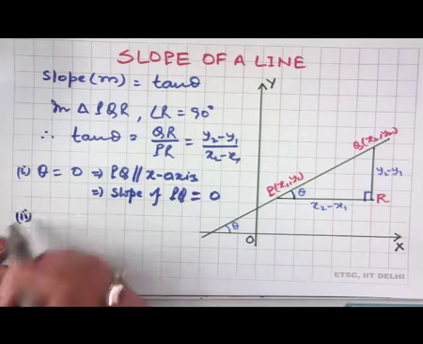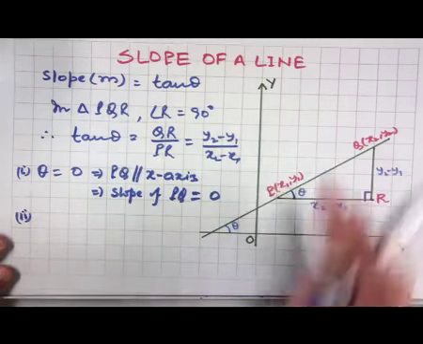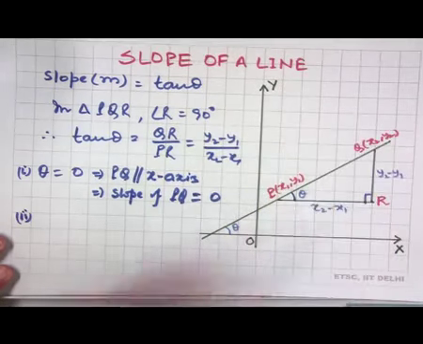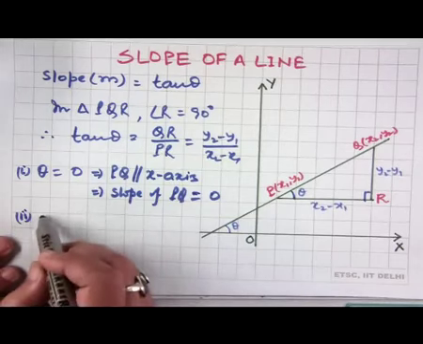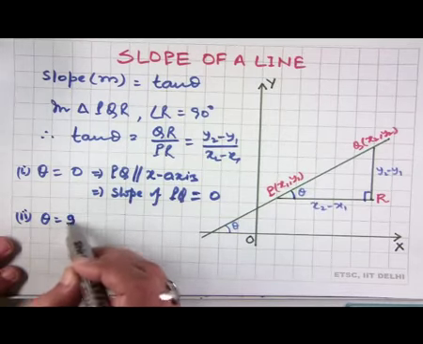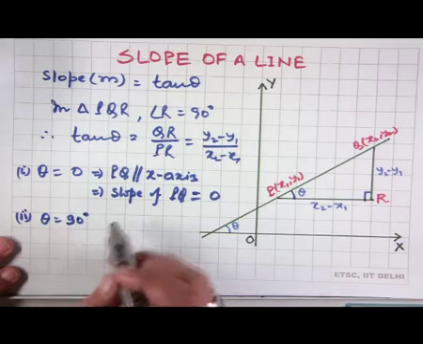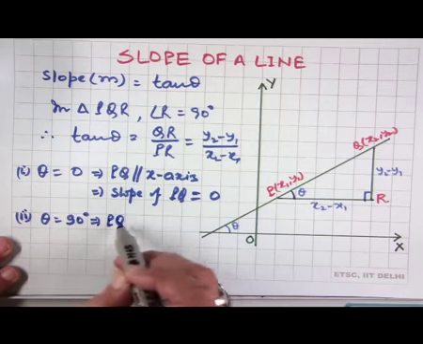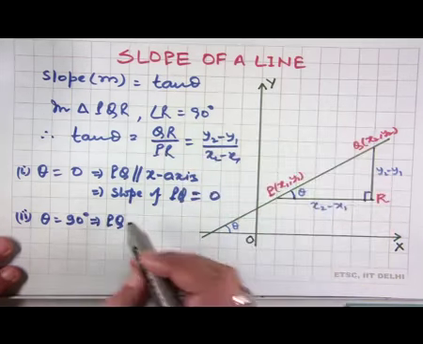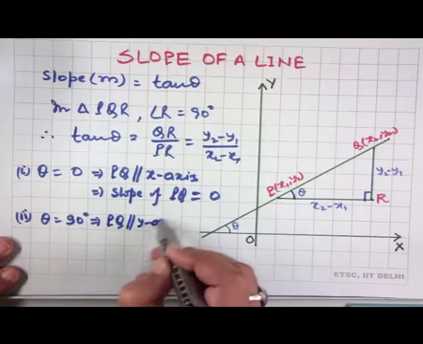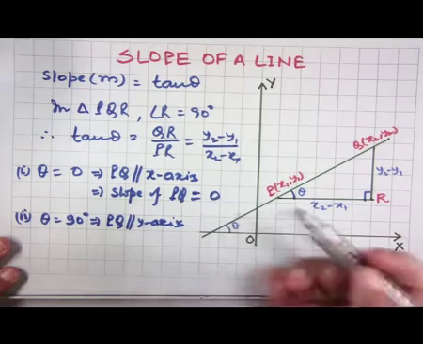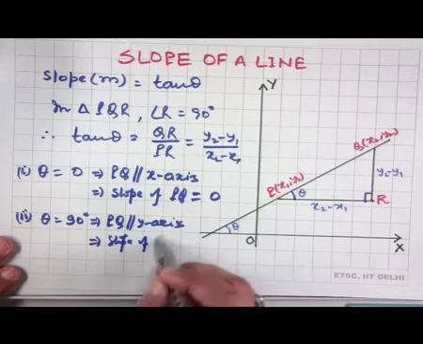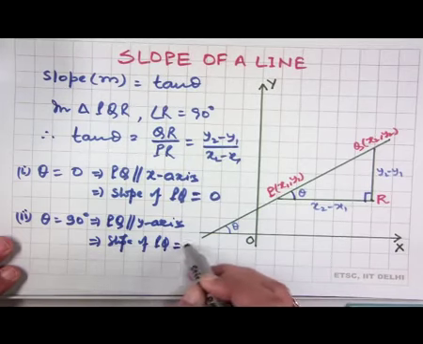Second, if this line PQ is parallel to the y-axis, in that situation theta equal to 90 degrees. So the slope of PQ is not defined.